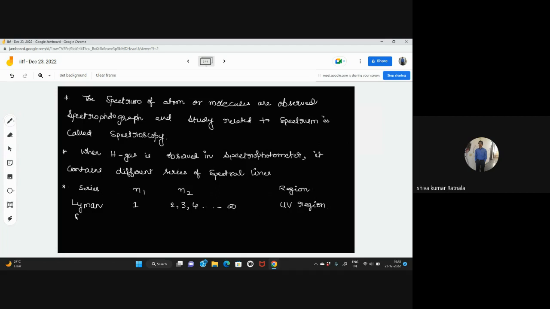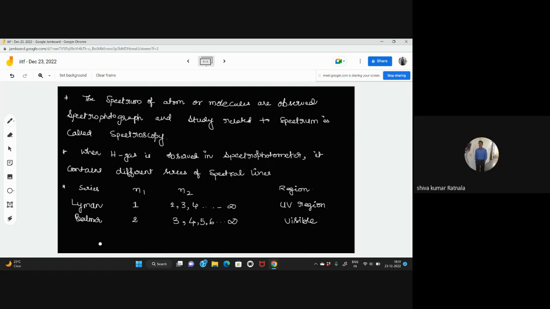And next one is Balmer series. In Balmer series, n1 value is 2. This is fixed, and higher level will be 3, 4 and so on. Sir, what are n1 and n2? Earlier before writing I told you, no. n1 is the lower level and higher level I'm taking as n2.